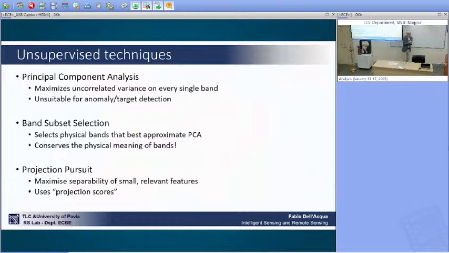In both cases, if the result is suitable for your purpose, you don't need to pick up the other bands again. If you find that the result is not satisfactory, which typically may happen with unsupervised techniques, because with unsupervised techniques you're moving blindly, just saying, okay, shrink the data, conserving as much information as possible, you may discover that it didn't work very well.